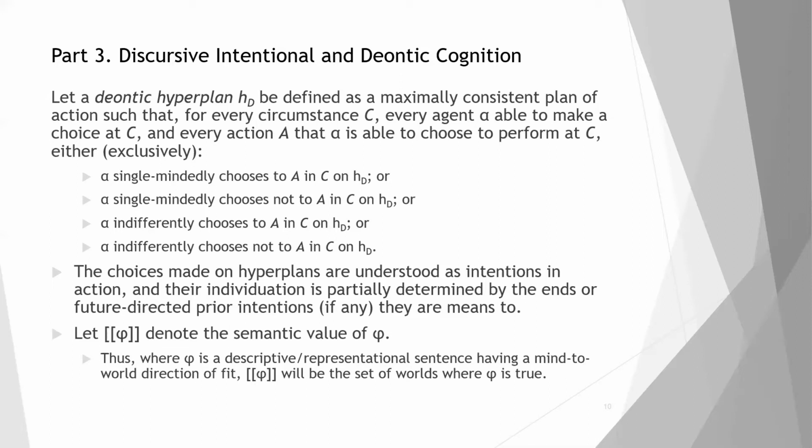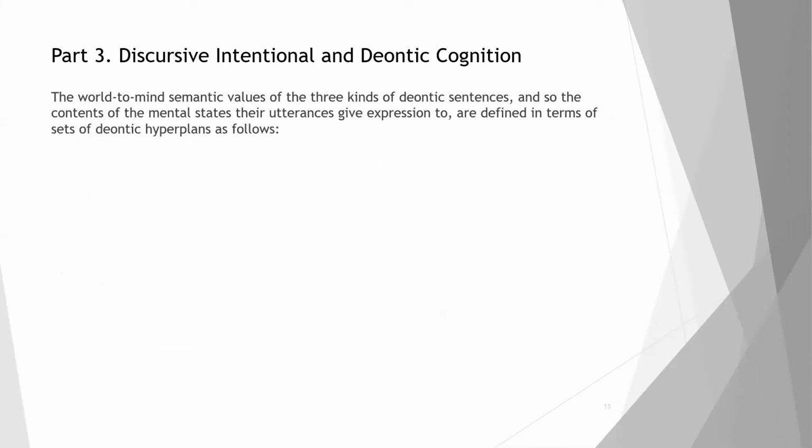Three kinds of deontic expressions are then defined in terms of plans of action. And at this point in the semantics, I'm treating just the prescriptive fragment. So I'm just looking at deontic hyperplans here.